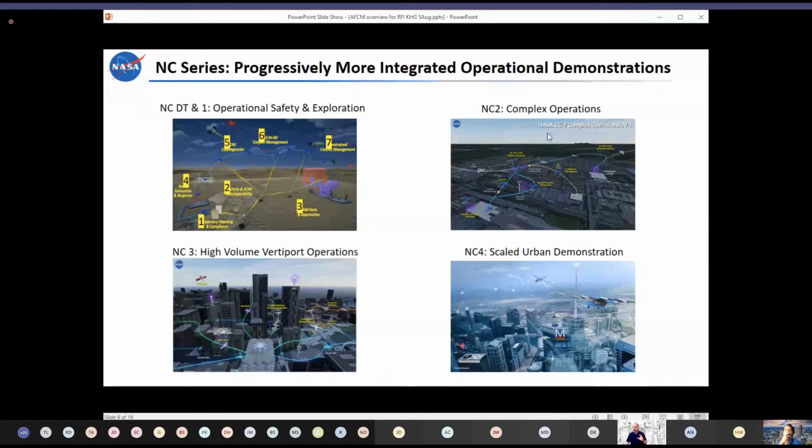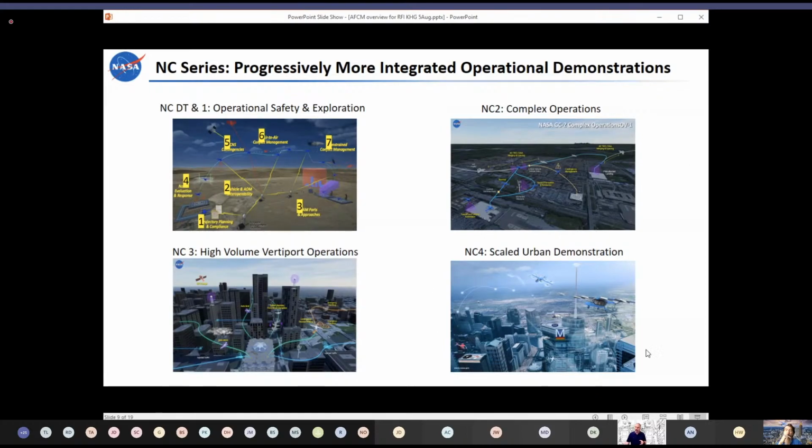Moving from those building block elements to NC3, putting the building blocks together to show how they enable high volume vertiport operations, both in nominal situations as well as being able to handle disruptions and contingencies, both from a vehicle perspective as well as an airspace perspective.